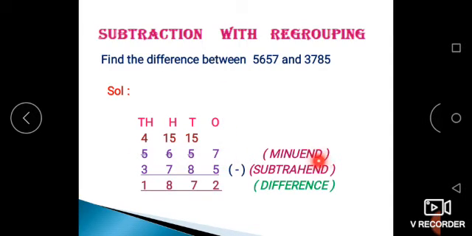The first part is the minuend part. Then we arrange the second number, the subtrahend part. So 3 thousands, 7 hundreds, 8 tens and 5 ones is the subtrahend part.